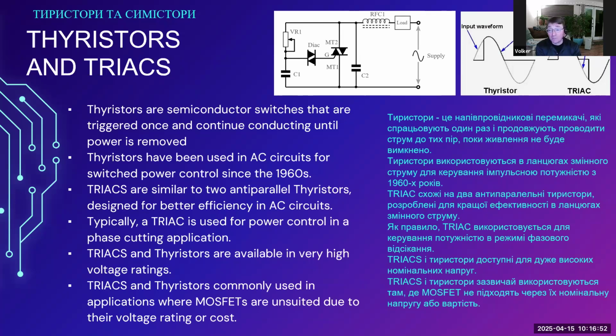The way they're typically being used is they are being triggered as part of a phase cutting circuit, within the AC waveform. That is the image that you can see on the right-hand side. The problem with that is it creates a lot of noise. It creates a lot of EMI, electromagnetic interference. That has been a problem since they were invented, for the last 50 or 60 years.